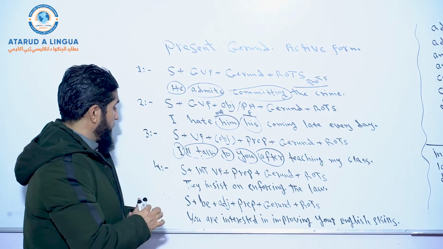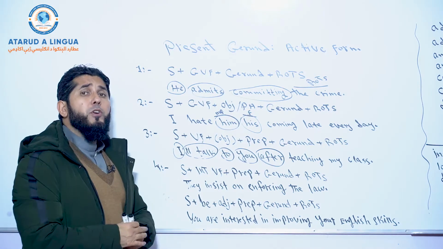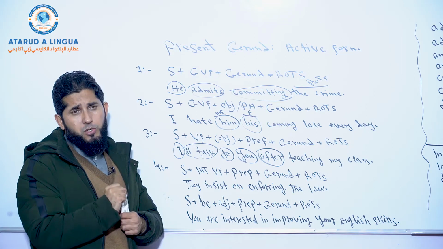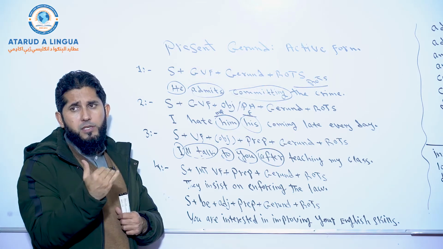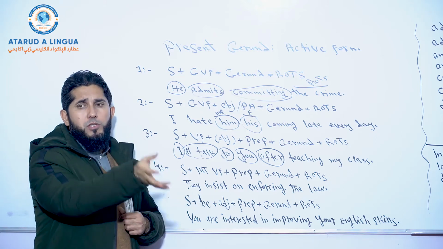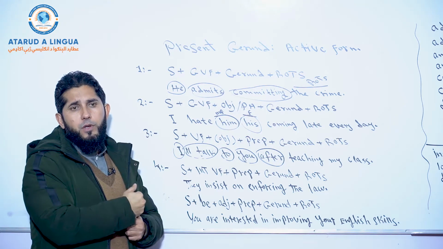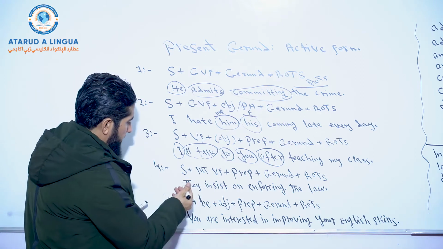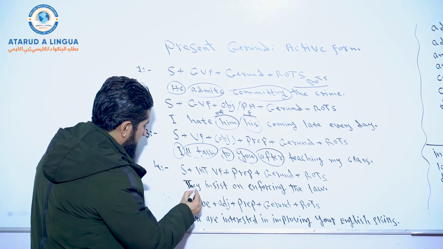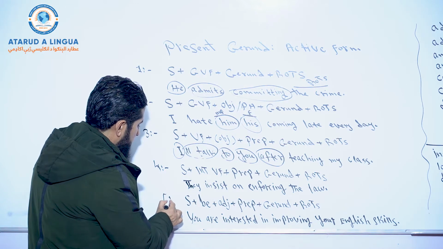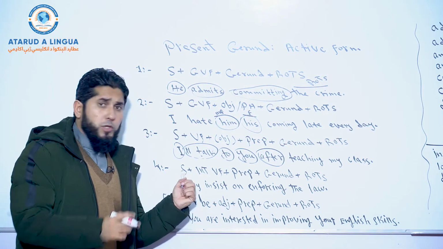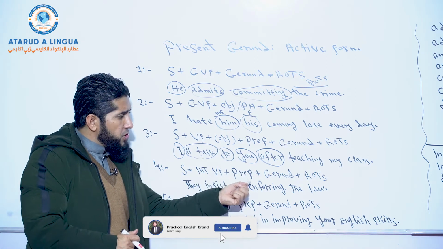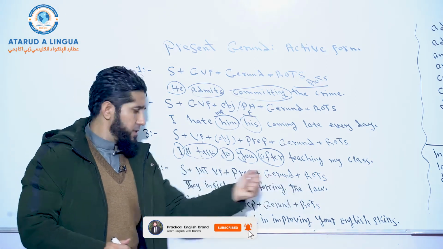Number four. There are some intransitive verbs which take prepositions in sentences, and then those prepositions can be followed by a gerund, okay? So here we have an example. The structure is subject, intransitive verb form, plus preposition, plus gerund, plus the rest of the sentence.